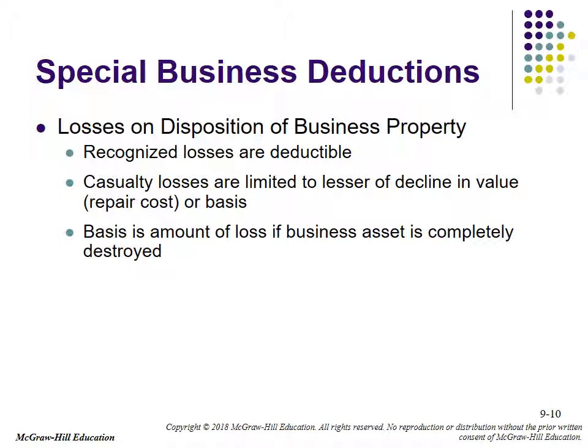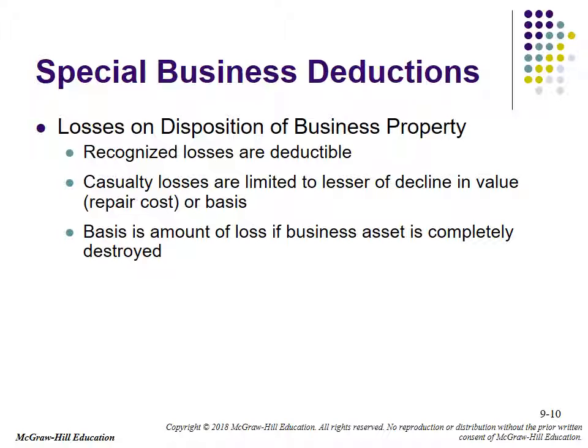The next thing we ask is, what is the basis of the equipment? Now, basis, we normally said, was what we paid for it. But with businesses and these types of assets, it's a little trickier than that, because you'll see when we look at cost recovery or depreciation, we record depreciation on equipment. So the basis is really the cost of the asset minus any depreciation taken on the asset.